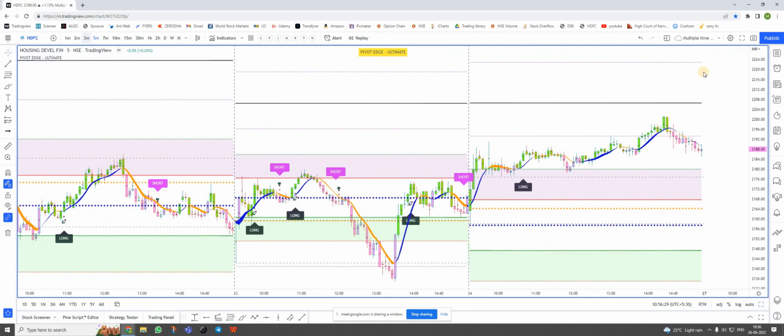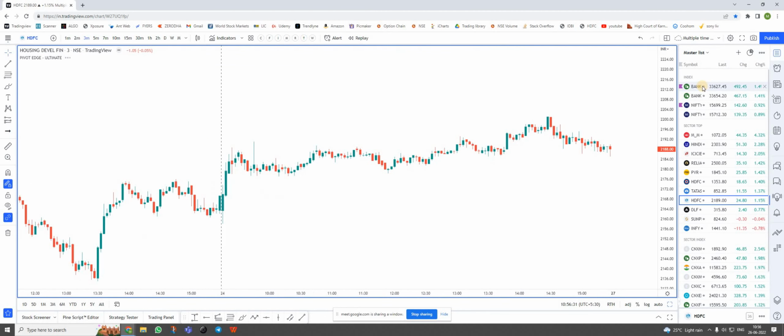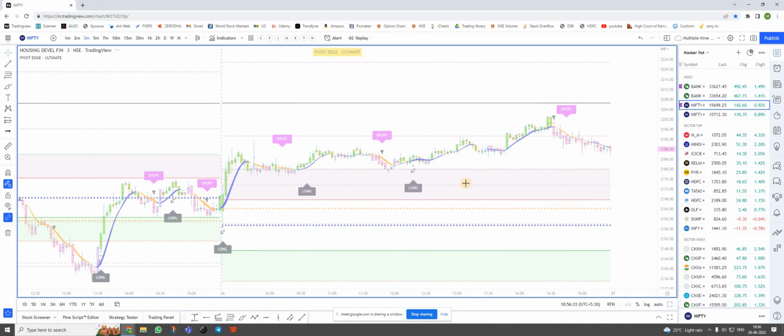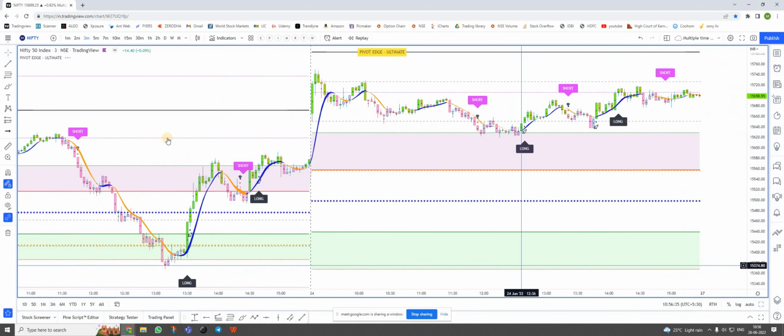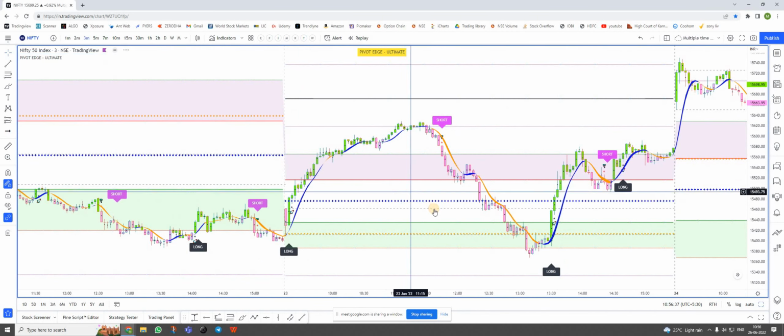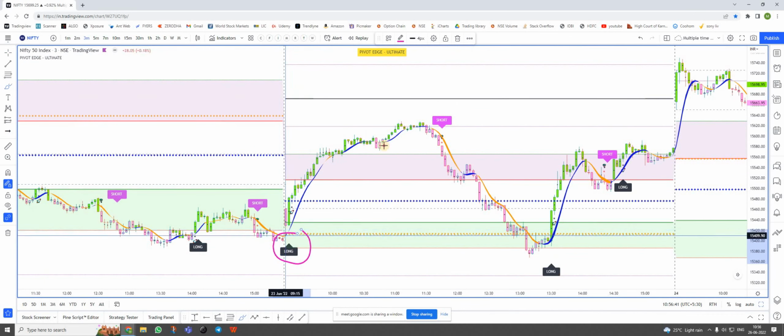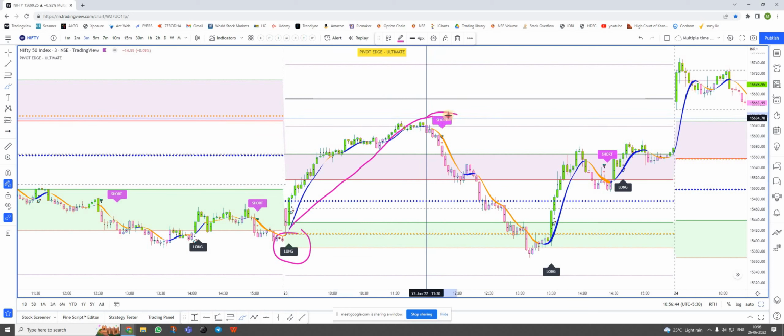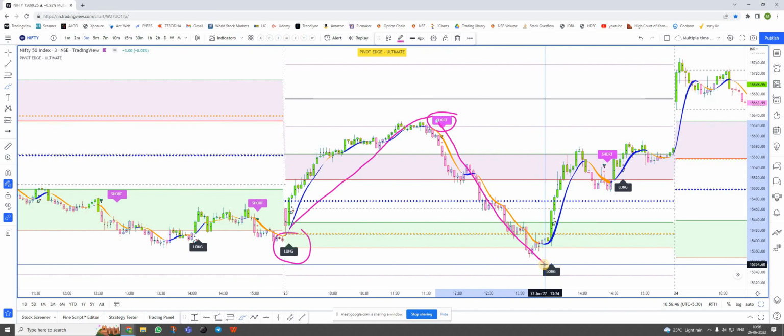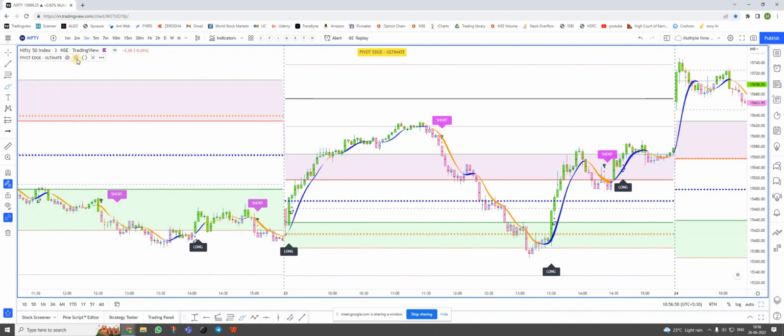Suppose you want to go for the 3 minutes time frame, and I'll take Nifty. Here you got one long signal, it went up, and then again one short, it came down. I put the condition as 2 bars for confirmation.